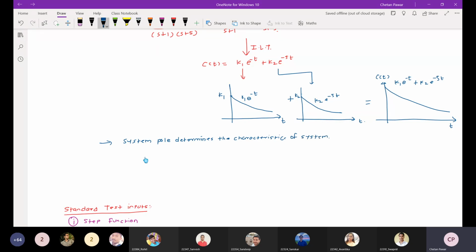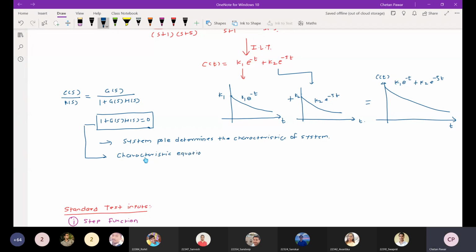Okay. So if you consider the closed loop transfer function for a system, that will be like this, right? The general form of that. And the roots of this particular equation are called the poles, right? This equation is called the characteristic equation because the poles determine the characteristics of the system.